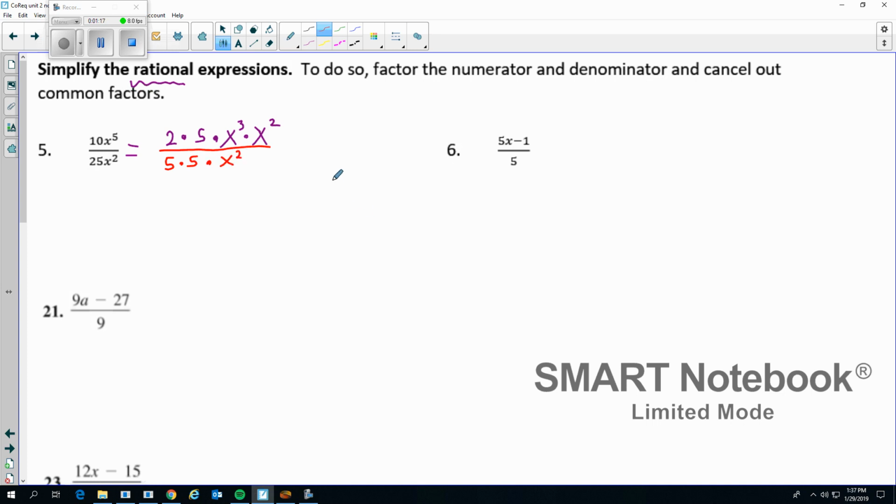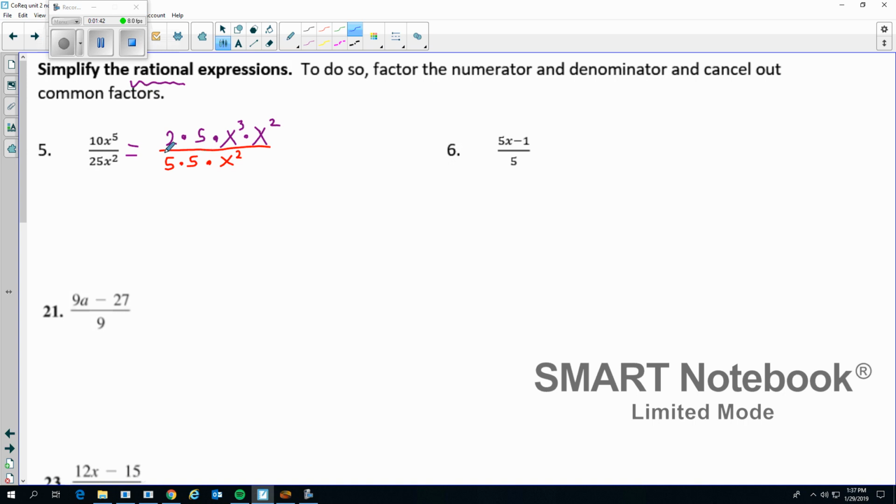The way this works is you want to factor everything. Basically, you don't want any addition or subtraction unless it's contained within parentheses. That'll make more sense as we work some of the more complicated problems, but you'll see me keep referring to that.